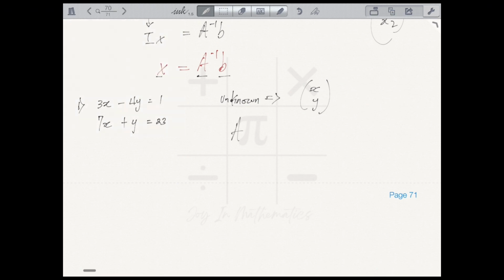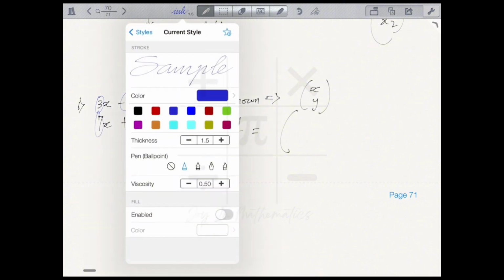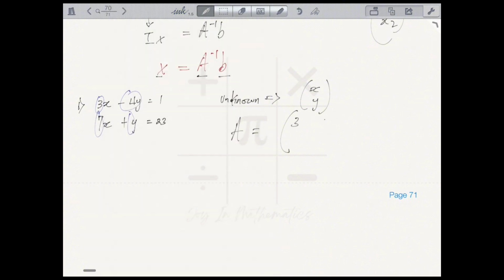Now the set of coefficients, we know it's going to be a 2 by 2 matrix, so it will be the coefficients of the terms x and y. So the coefficients here are 3, -4, 7, and 1, and the constant B is 1 and 23.